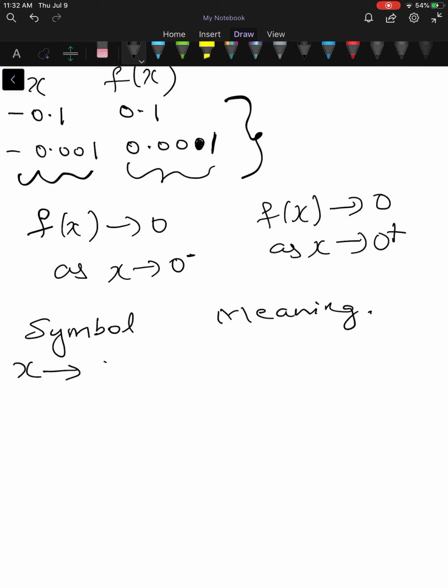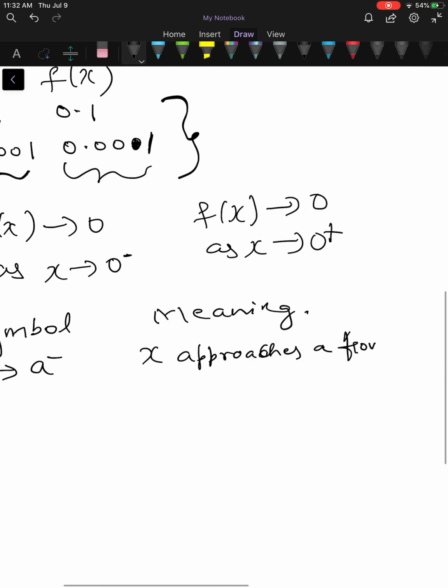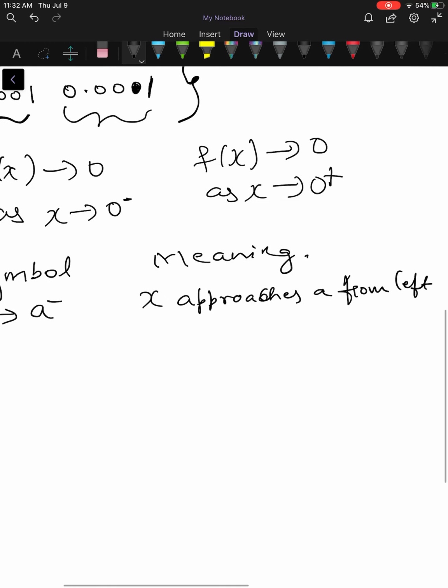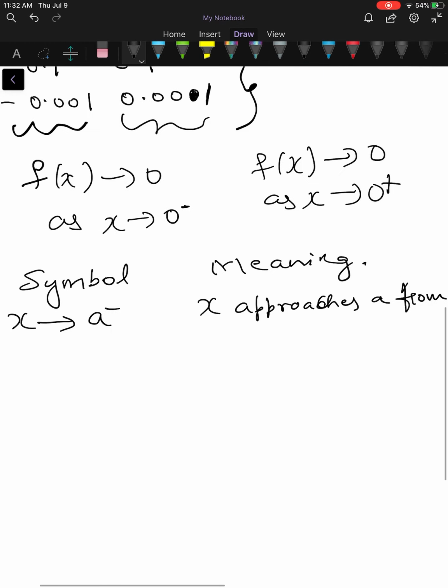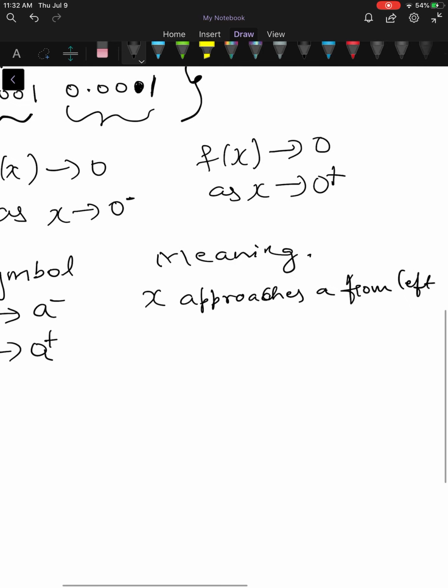If x tends to a minus, it says that x approaches a from the left. And if x tends to a plus, it says that x approaches a from the right.